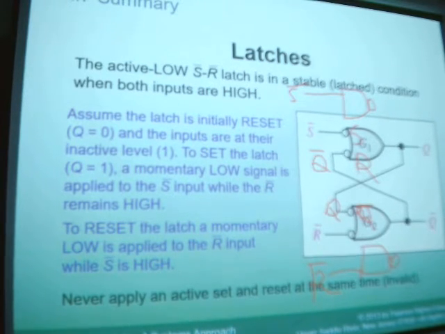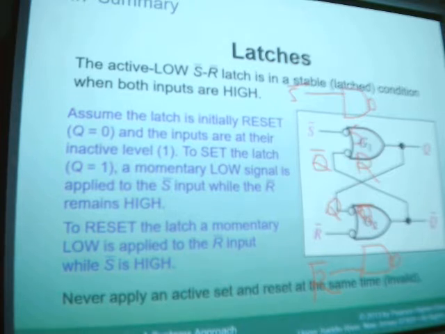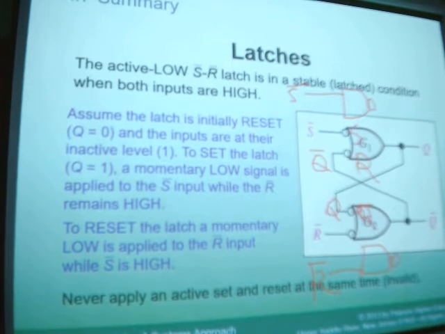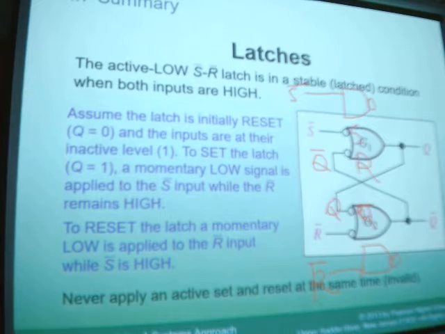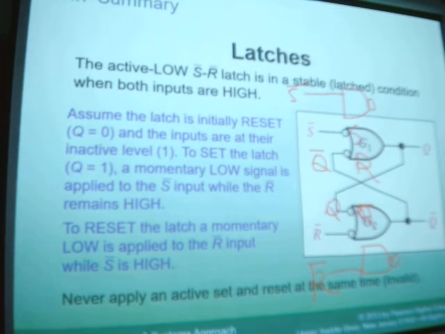R plus Q bar. So when S bar equals 0, R bar equals 0, then Q equals 1, Q bar equals 1.